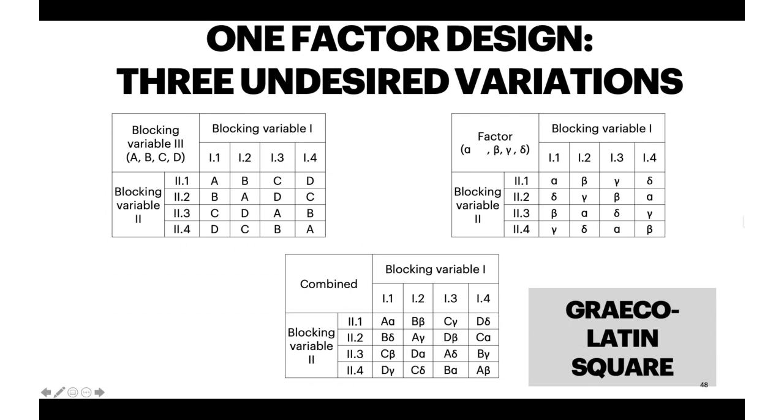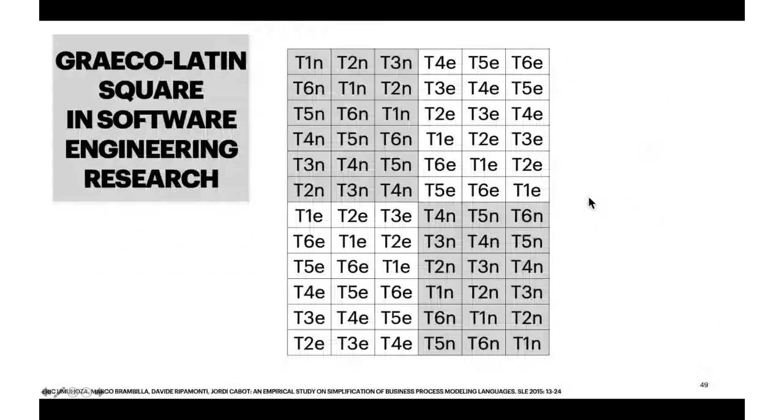So how does this work in practice? This is a study from Umuhoza, Brambilla, Piramonti, and Cardot, on the simplification of business process modeling languages. T1 to T6 are 6 design tasks.